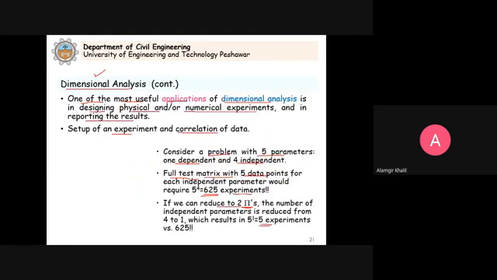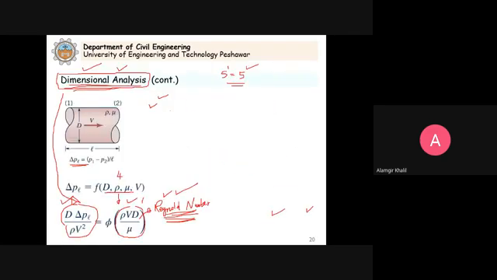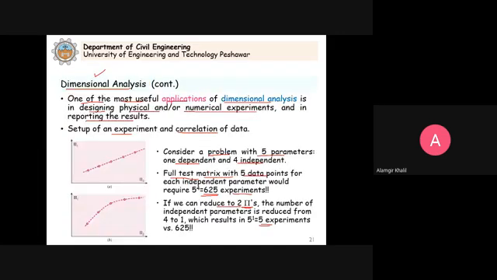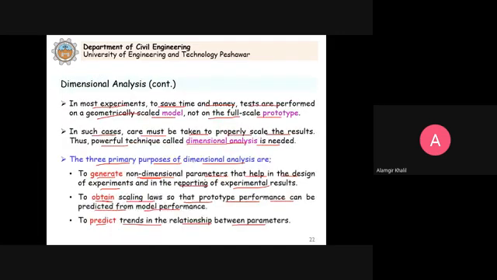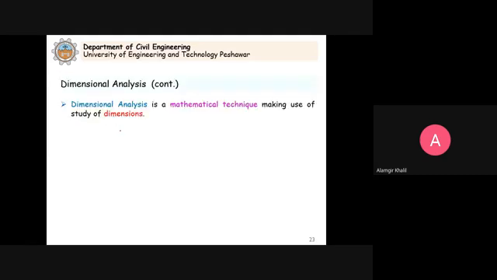You see here that you have linear relationship, non-linear relationship, direct relationship, indirect relationship. So you can see that this dimension analysis is a very powerful tool. Clear?